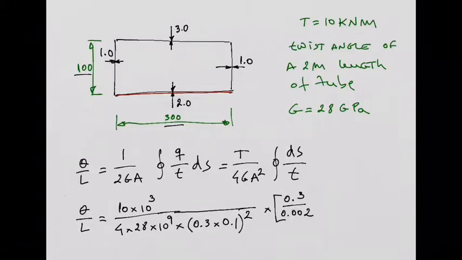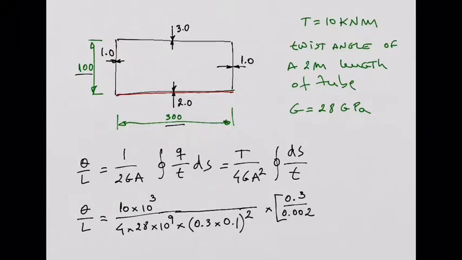So this is the contribution from this wall at the bottom. Now I need to follow the contour of my cross section. Now this wall in green. The length of this wall in green is 0.1. The thickness is 0.001. You see?